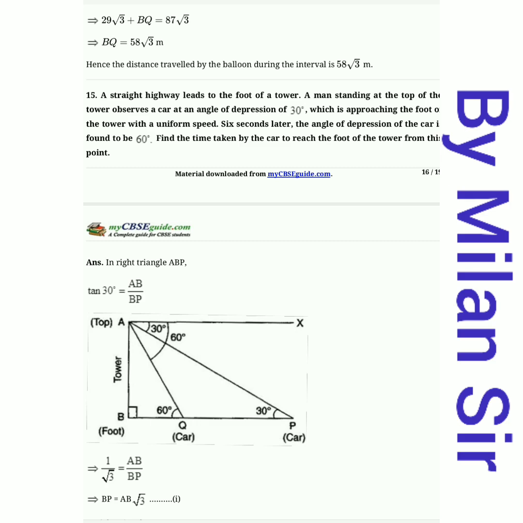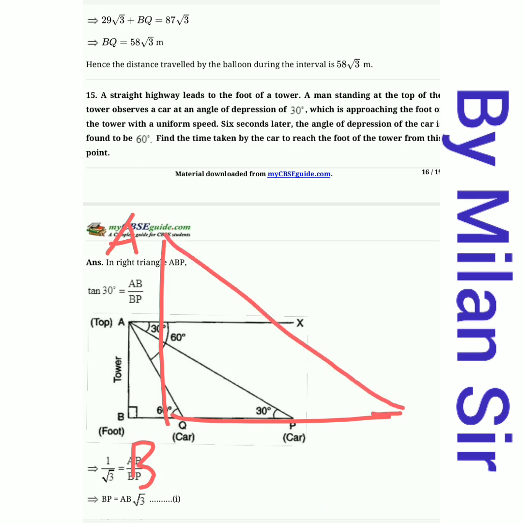First of all, one tower is there. One man is standing at the top of the tower, that means point A. Right? First of all, the car is at point P. 6 seconds later, the car reached point Q. We need to find the time taken by the car to reach from point Q to B. Initially the angle of depression is 30 degrees.